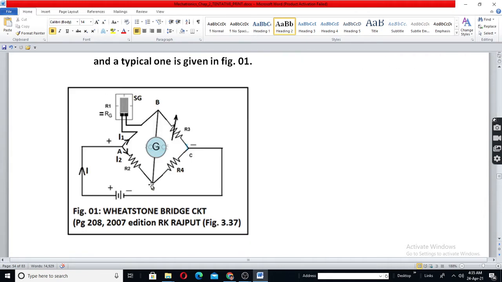A Wheatstone bridge has four branches. Say R2 and R4 are fixed known resistances. Now the strain gauge is kept here. When you apply force or pressure, the value will change here. The galvanometer will show the deflection.